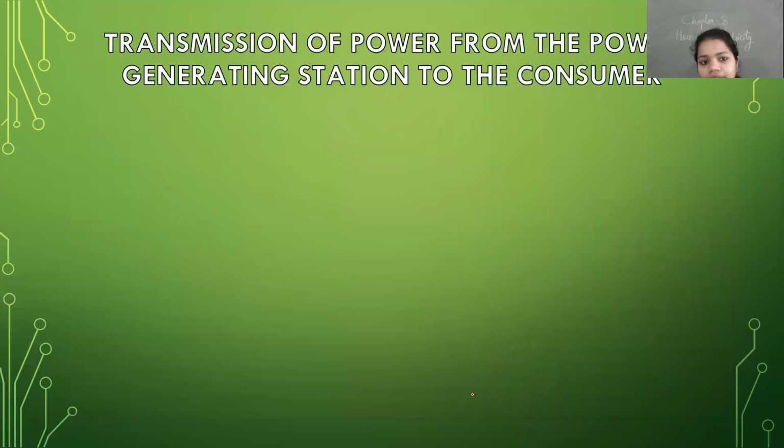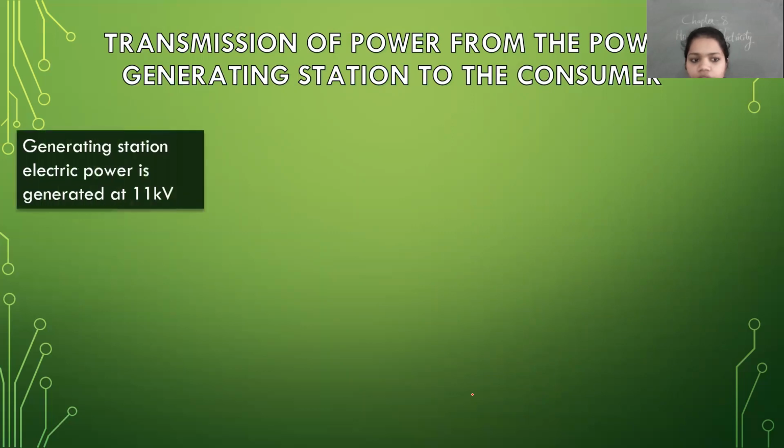Now next, let us see how the transmission of power from the power generating station is done to the consumer. So we will see here how it is transmitted. First, power is generated at the power generating station, at around 11 kilovolt.